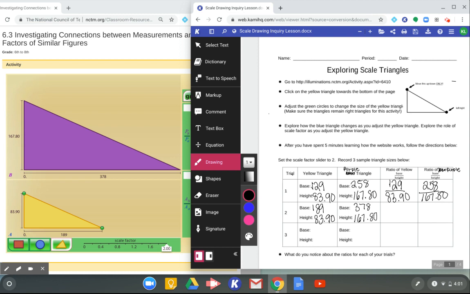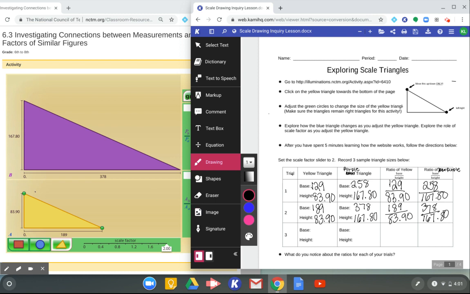And again, write that as a ratio. So the ratio of yellow would be 189 over 83.90, and the ratio of purple would be 378 over 167.80.